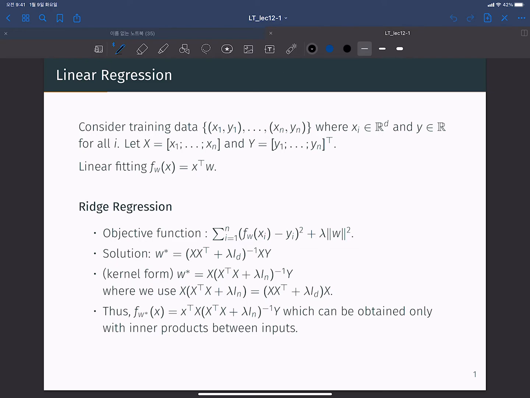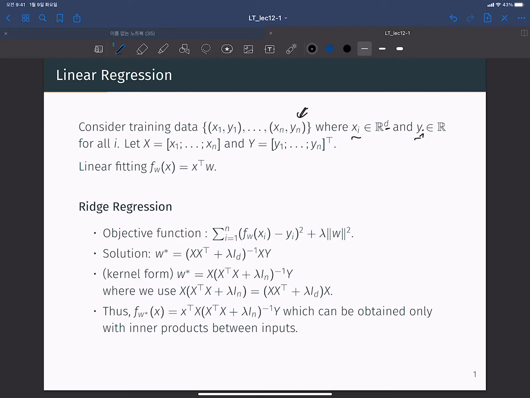Consider this scenario where you have n training data points with a regression task, which means we have an input feature xi having d-dimensional value as input, and the output is a real value yi. So essentially, we have to design some function f that can predict the corresponding output yi.